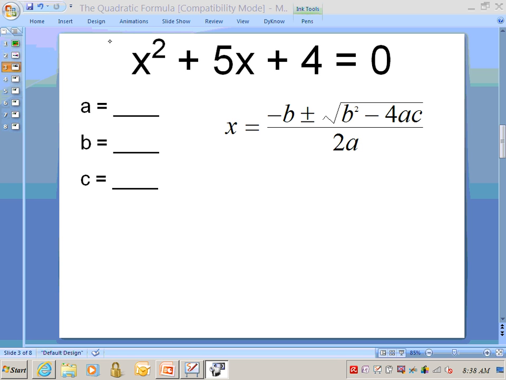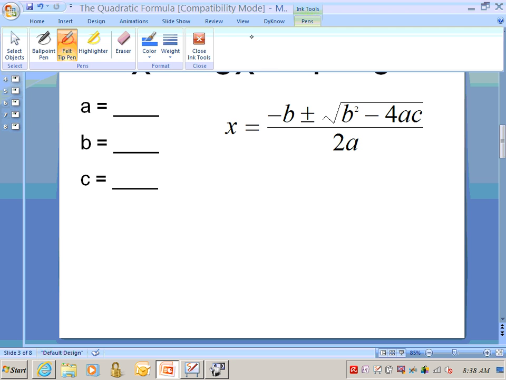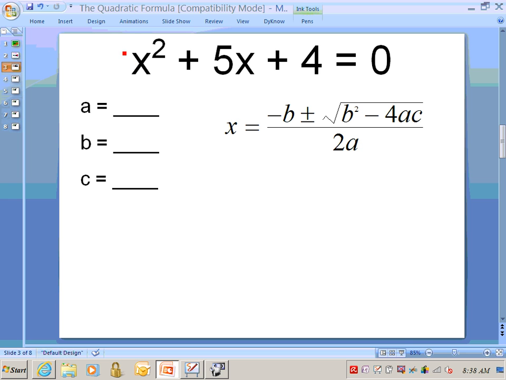If I've got ax squared plus bx plus c, right? And I have it set equal to 0 or y, right? Does everybody see that? So it's set up in the right form. So now all I have to do is pick those numbers.